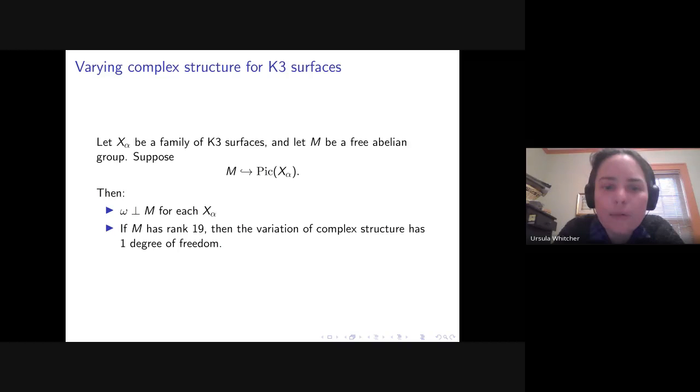And we know then that our specified free abelian group will be perpendicular to our holomorphic form for anything in our family. And in particular, the cleanest case is if we choose a rank 19 free abelian group, then we've only got 1 degree of freedom to vary our complex structure around.